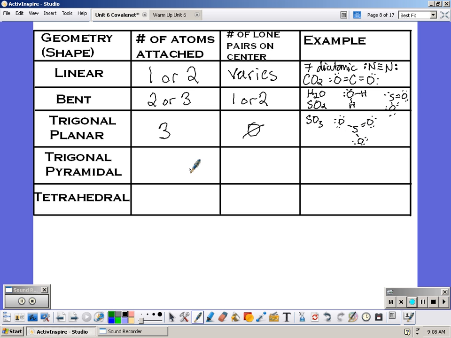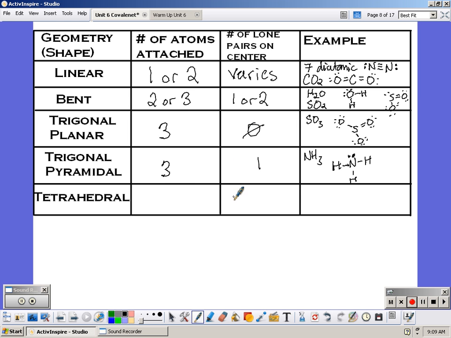Trigonal pyramidal, however, has 3 atoms attached with 1 lone pair. A classic example would be NH3. So you would have nitrogen, 3 hydrogens, and then 1 lone pair on the center. So the difference between trigonal planar and trigonal pyramidal is the lone pair on the center.